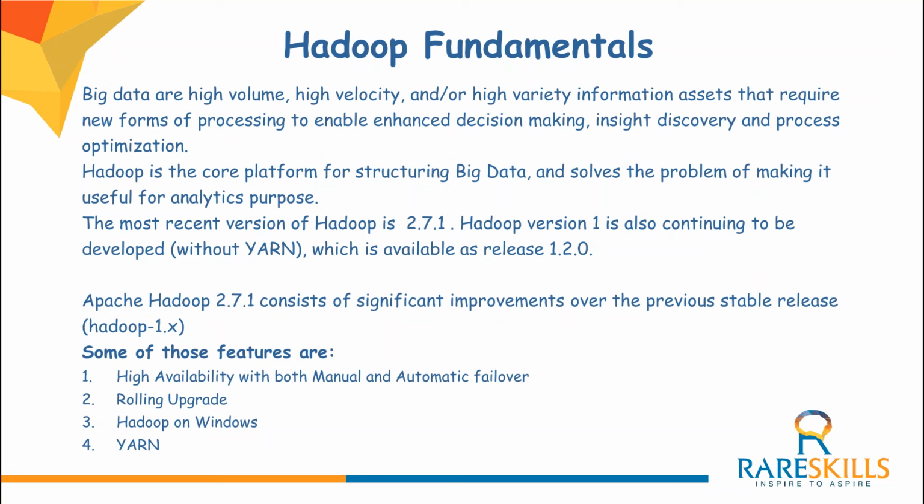Hadoop on Windows, which means you can install or configure a Hadoop cluster on Windows machines. And Yet Another Resource Negotiator, which is a newer framework that addresses the shortcomings of MapReduce version 1. We'll talk about all these, about YARN and Hadoop Distributed File System, in the upcoming slides.